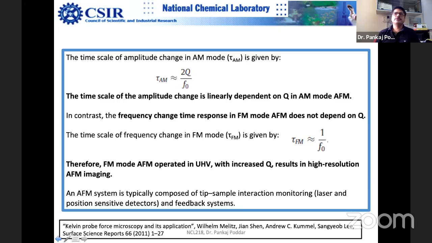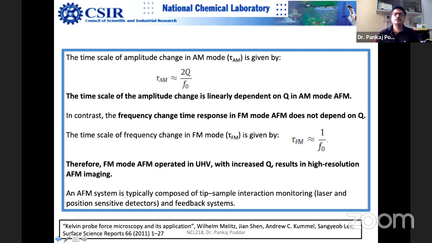And there should not be any adhesive forces between tip and sample. Adhesive forces can also limit your resolution. So these are some precautions which you would like to practice anytime you do AFM on your sample in future.